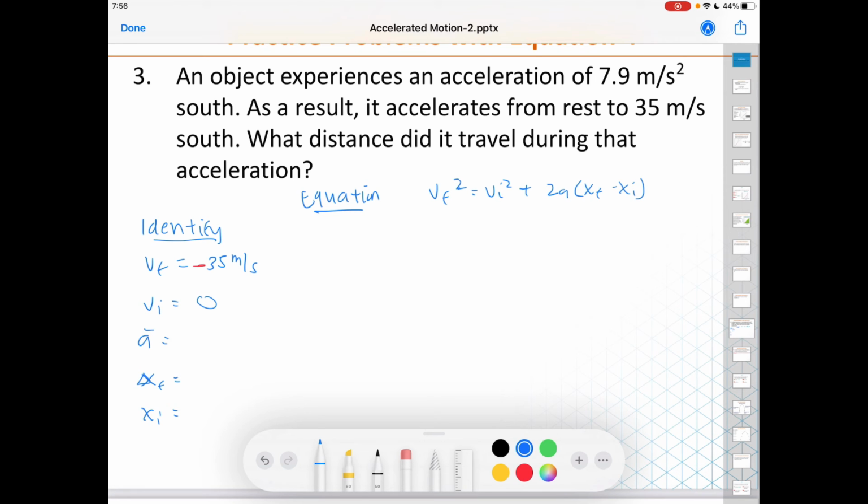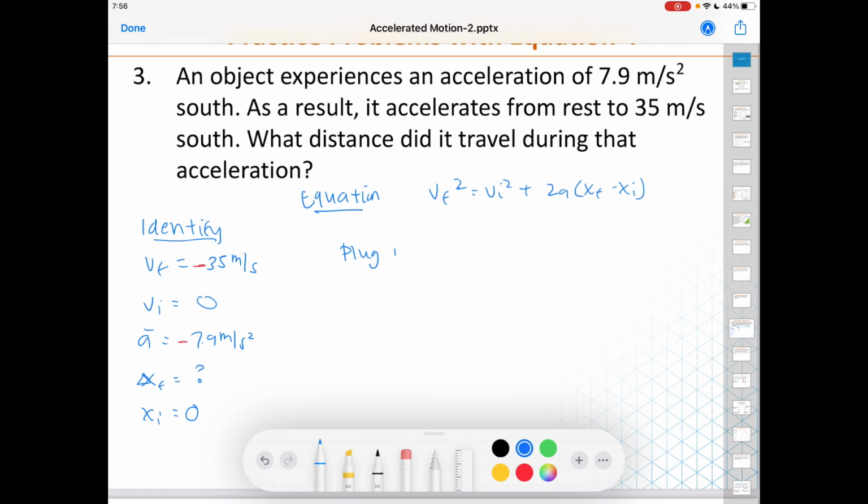Then the acceleration is 7.9 meters per second squared. And again, it's going south too, so don't forget to make it negative. Then, since we want to know the position that it ends in, or the distance traveled, we're going to assume it starts at 0 and it ends at some unknown distance.